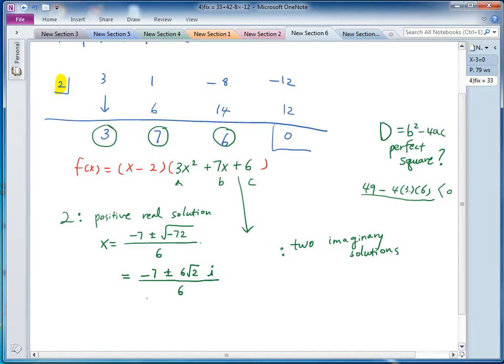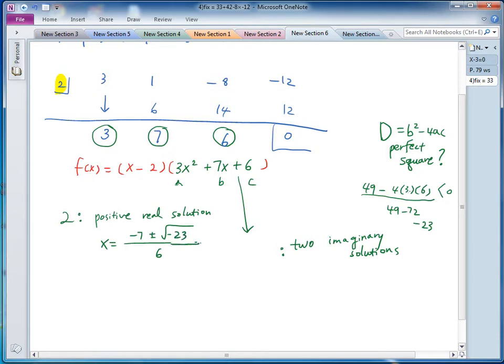What? Discriminant b squared 49 subtract 4 times. Oh, okay, that was not right. 49 subtract 72, right? What is the number? Negative 23. Okay, oops. That saved a life. Okay, yeah. Let's fix it. Negative 23.